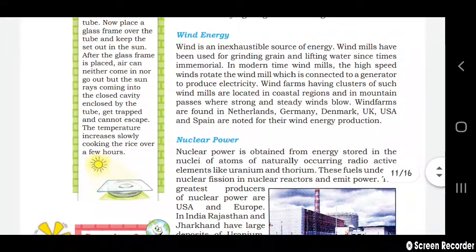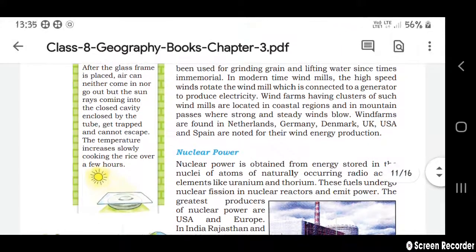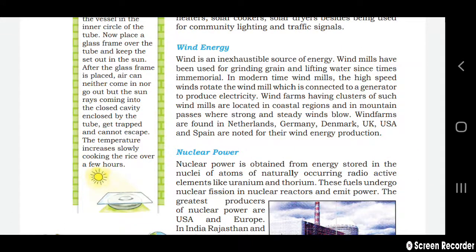Next is wind energy. Wind is an inexhaustible source of energy, and windmills have been used for grinding grains and lifting water since times immemorial. In modern times, high-speed winds rotate the windmills, which are connected to a generator to produce electricity.